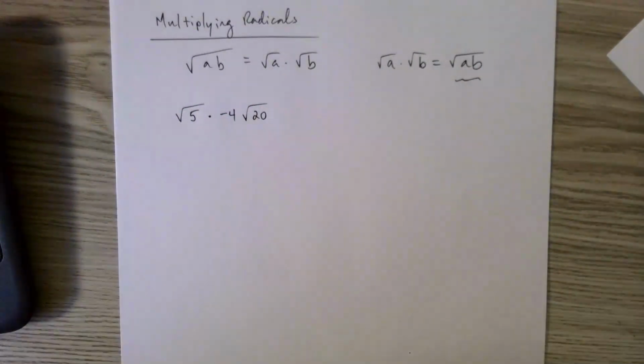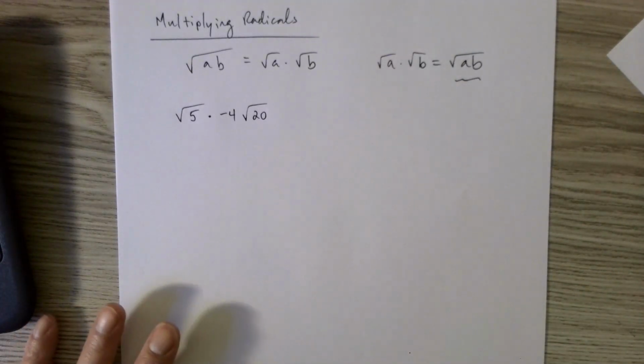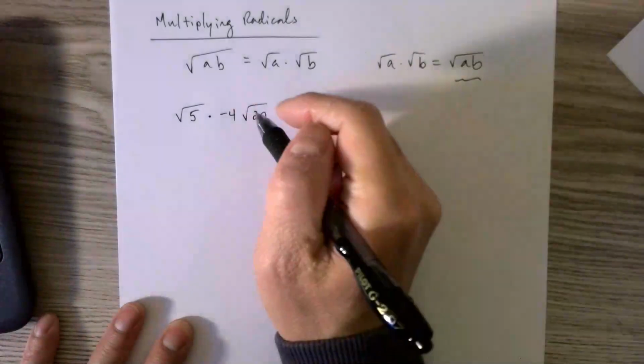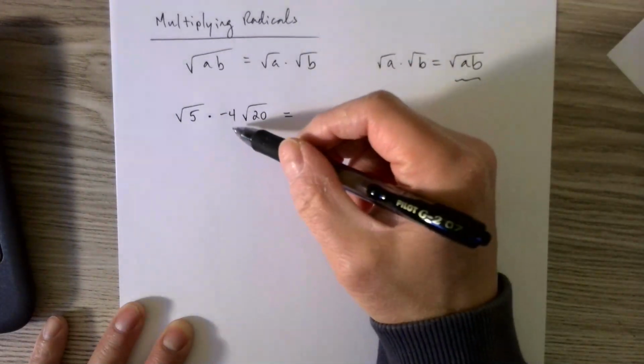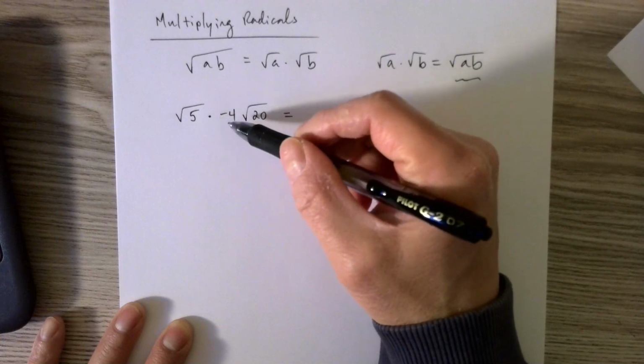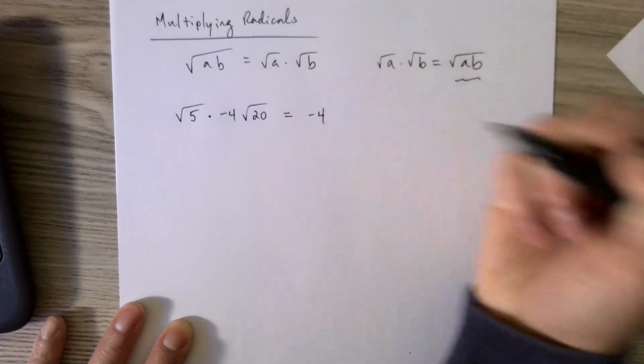So here's an example, rad 5 times negative 4 rad 20. The negative 4 is not in the rad, so I'll just copy that down.